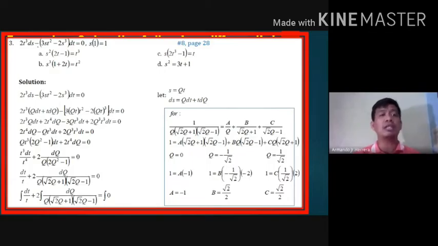So notice, kung titingnan mo yung second term, ang common factor dito ay s sa two terms na to. So if we factor out s, magkakaroon pa rin siya ng factor na merong t at merong s. So ibig sabihin, hindi natin siya pwedeng i-separate into separable equations. So ibig sabihin, hindi uubra ang ating first method.